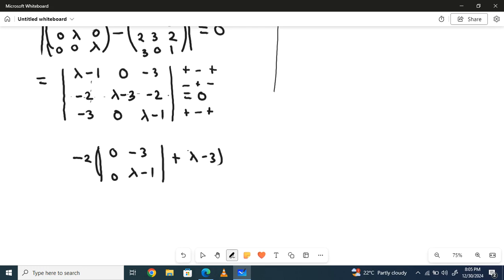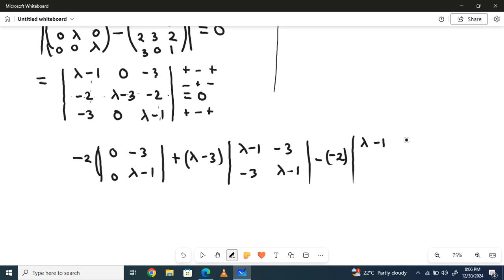Now you are covering the second row still and the second column. We will have lambda minus 1, negative 3, negative 3, lambda minus 1, minus, thirdly we have negative 2, and now we are covering the third column. So we will have lambda minus 1, 0, minus 3, 0.